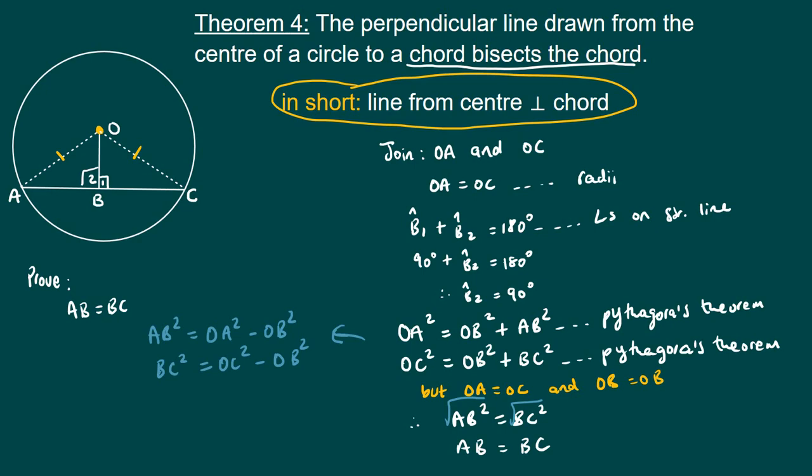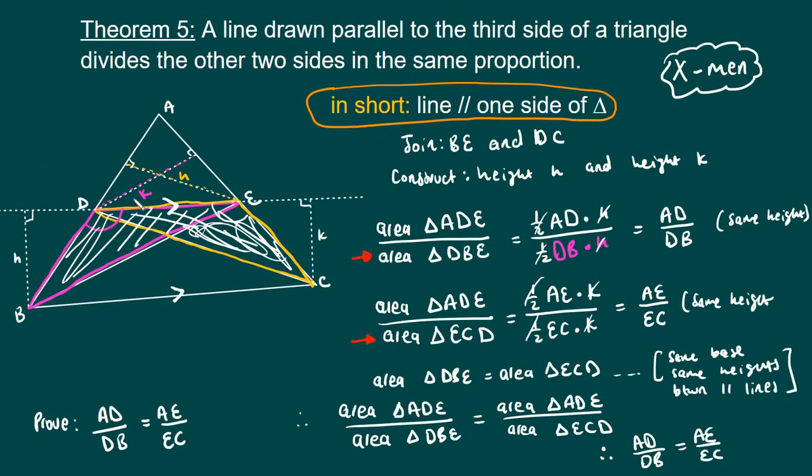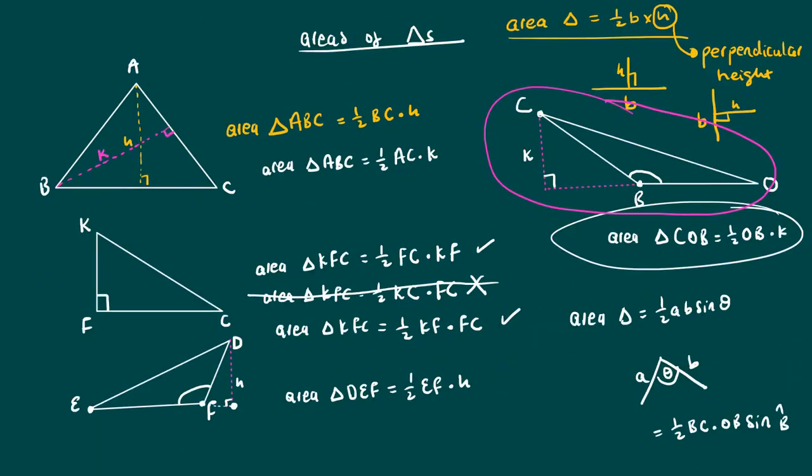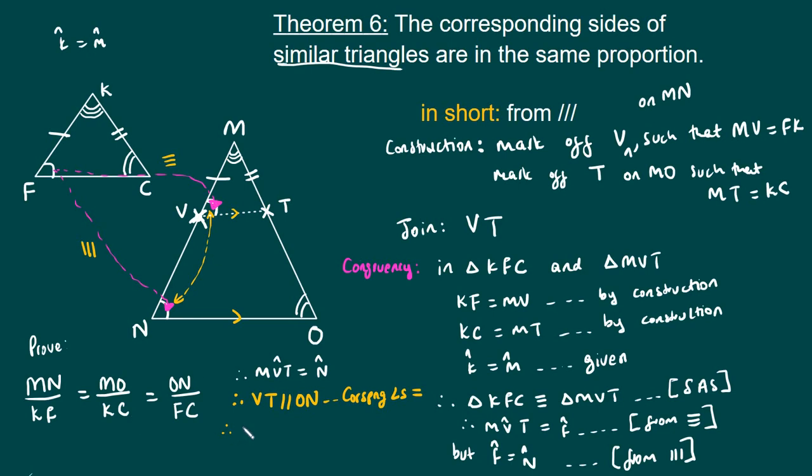You have created it because you have a line that is parallel to one side of the triangle. So there you would simply say, therefore MN, which is the longer side, over the constructed side, which is MV, is going to be equal to MO over the constructed side, which is MT.